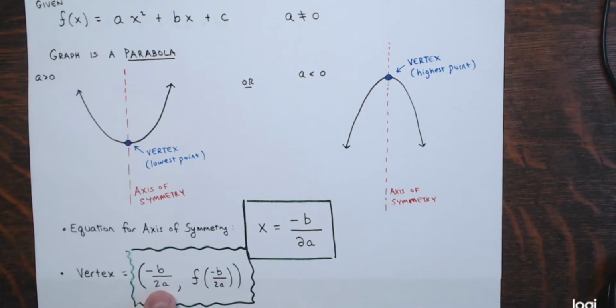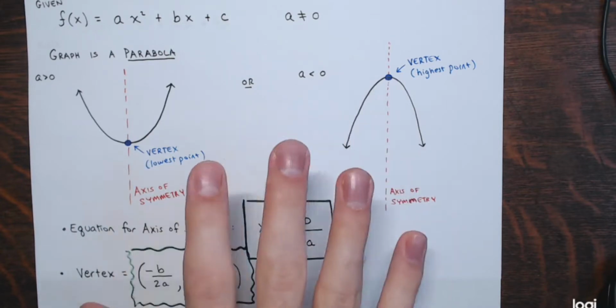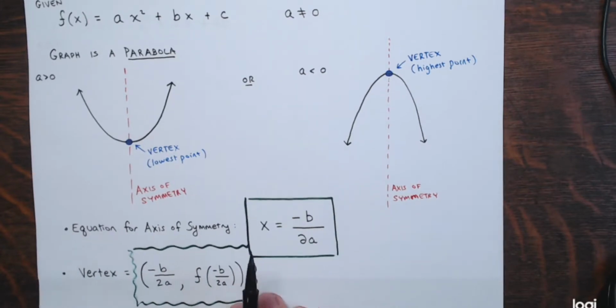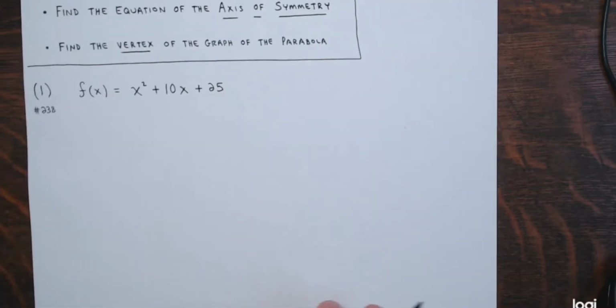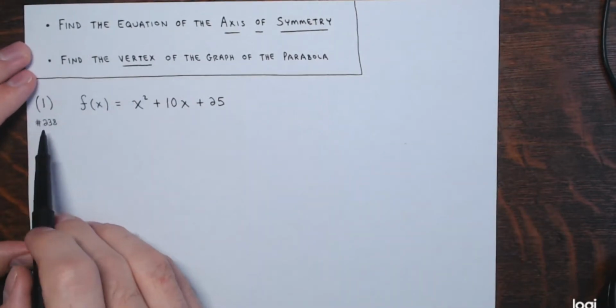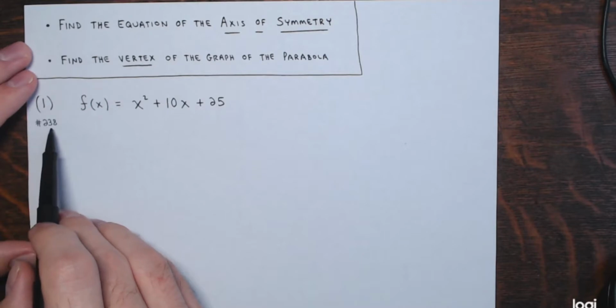You plug it into the function, get f of that, and then you get the y-coordinate, and then you'll have the coordinates of the vertex point. Wonderful. I'm going to keep bringing these little formulas up for our exercises, and I'll show you on a graph as well.